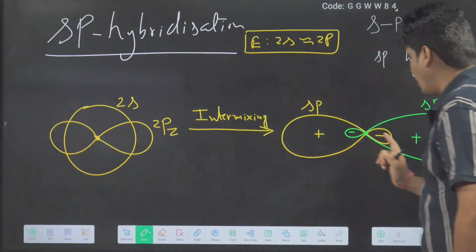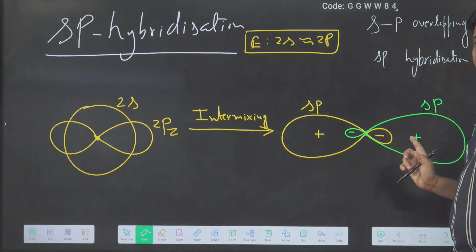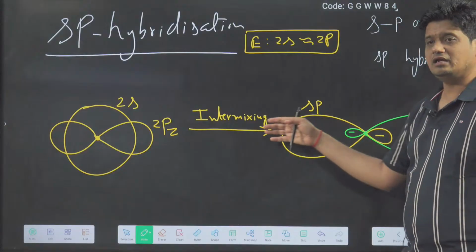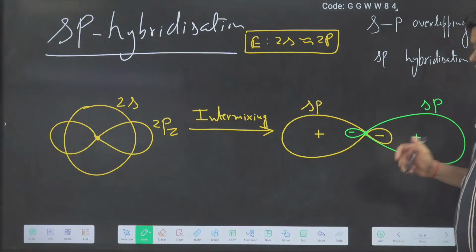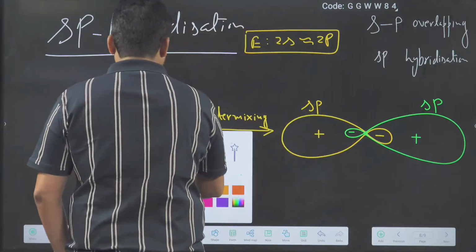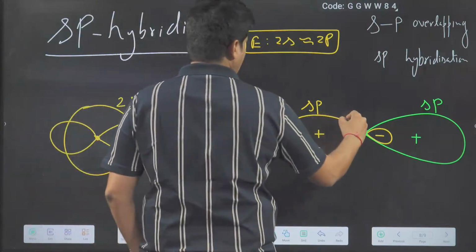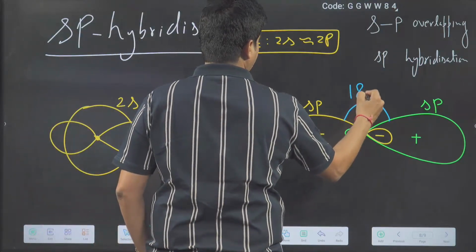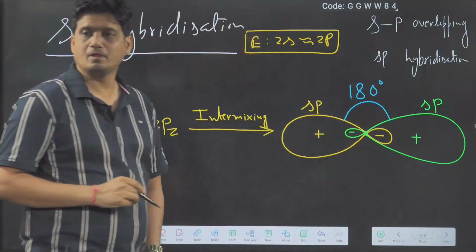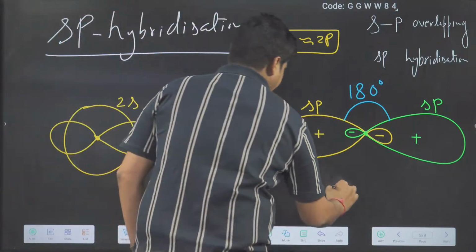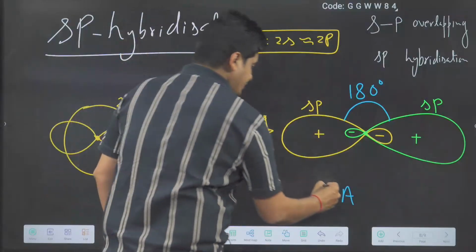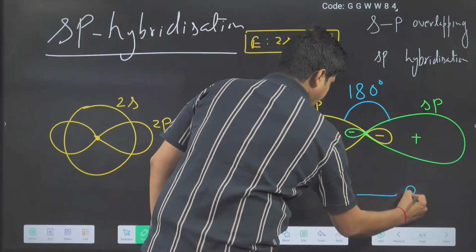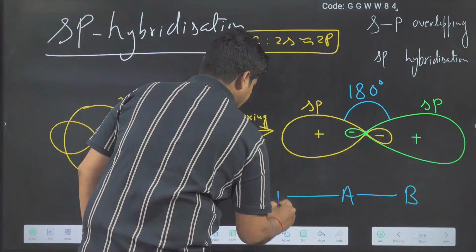So why did I keep them in this way? One is pointing left, the other is pointing right, so they can minimize the repulsion. Because of this, this angle is going to be 180 degrees. Let's say we have a molecule where A is the central atom, which is going for sp hybridization, and B are the surrounding atoms.